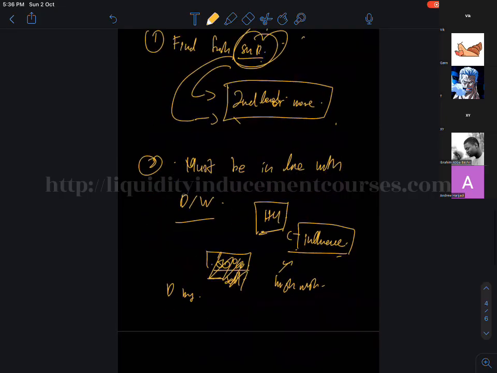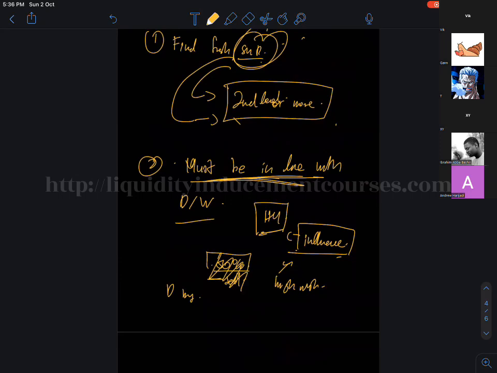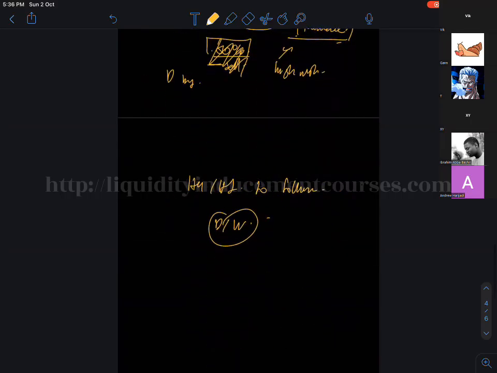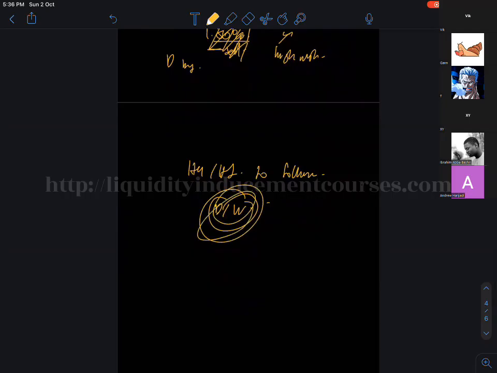And second, it must be in line with daily and weekly. Sometimes you're going to see the price go down and wonder why. Try looking at the H4, there must be a reason. But I wouldn't recommend you enter at those kinds of places because they are risky. You want to protect your capital. H4 and H1 are just to follow these time frames.